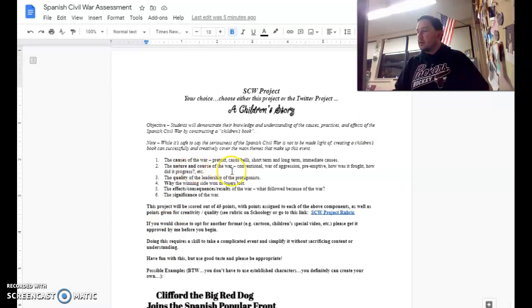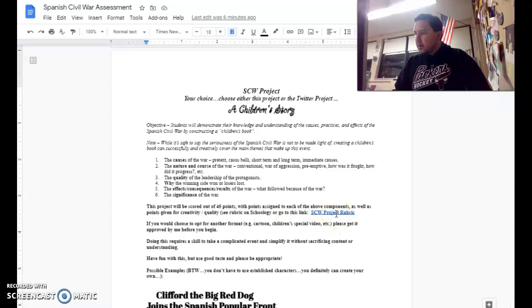Topics or components to cover are the same: causes, the nature and course of the war, quality of leadership, why the winners won or why the losers lost, the effects and consequences, the results of it, and the overall significance to European history. So similar content written in a different way.